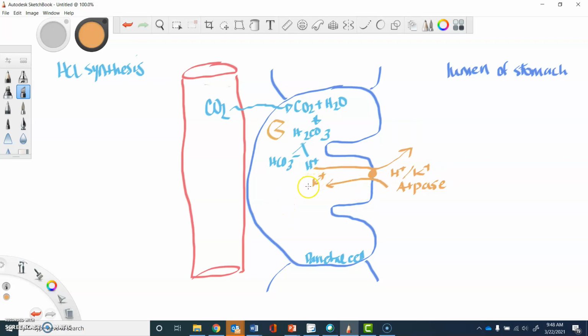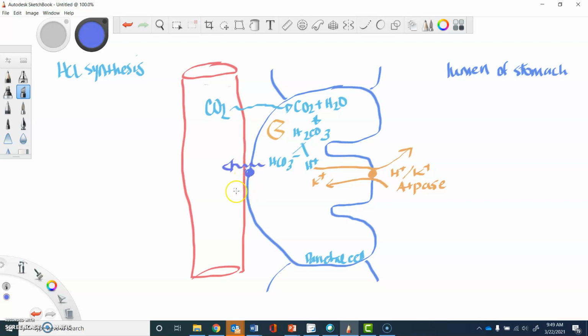So what do we do with the bicarbonate? So bicarbonate is being made as well. So the bicarbonate does not stay in the cell, and it doesn't go into the lumen of the stomach, because that would make the stomach less acidic, right? So it goes into the blood as the bicarbonate ion. So it goes there, and we actually have another little transporter that does that.